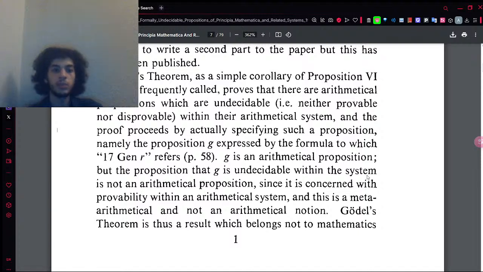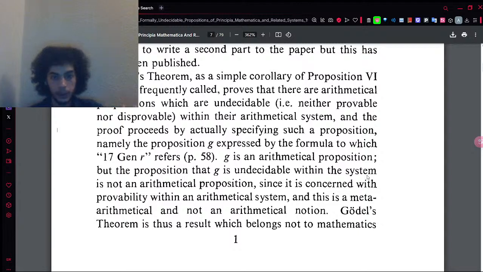G is an arithmetical proposition, but the proposition that G is undecidable within the system is not an arithmetical proposition, since it is concerned with provability within an arithmetical system, and this is a meta-arithmetical and not an arithmetical notion.